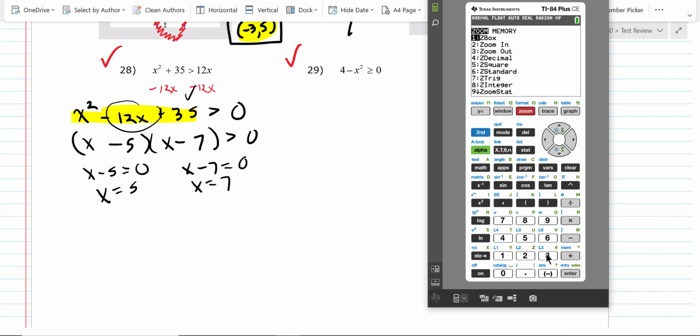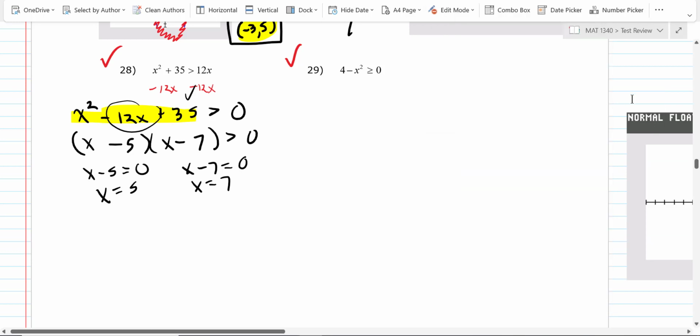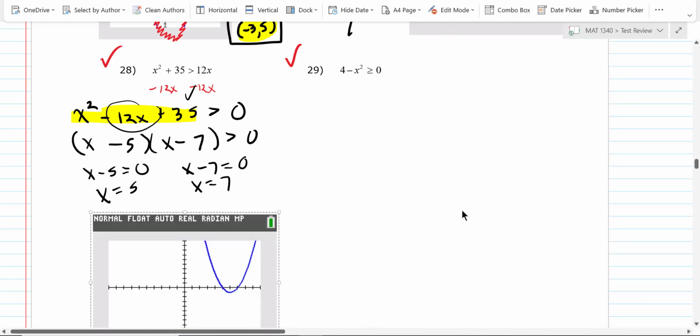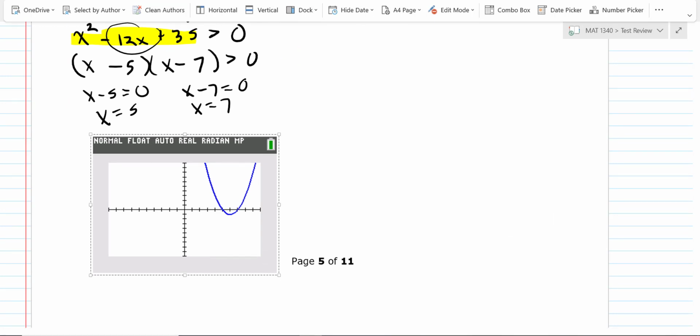If I do a standard window, you might not see the whole thing. That's good enough. Okay, so I'm just going to kind of look at that. Sometimes you have to adjust your window a little bit on that. So what's going on in this problem then is this is the 5, and then that's the 7 like that.